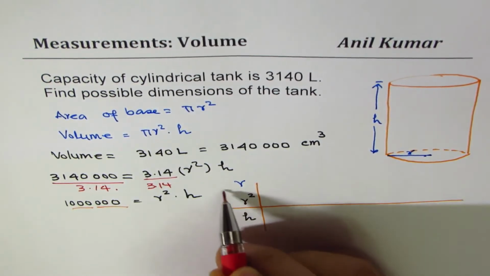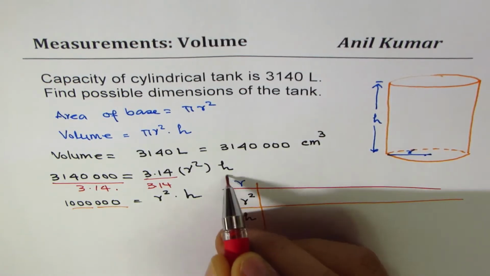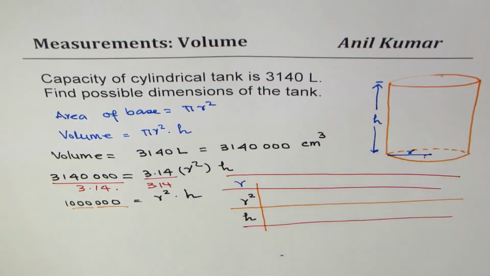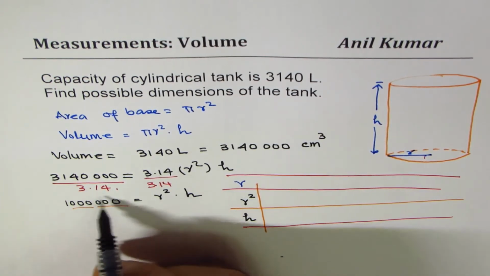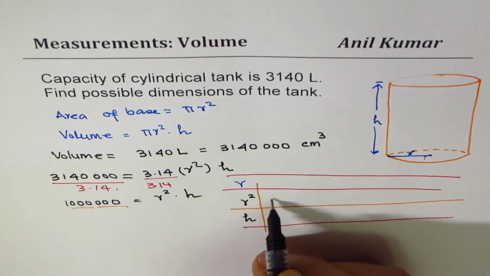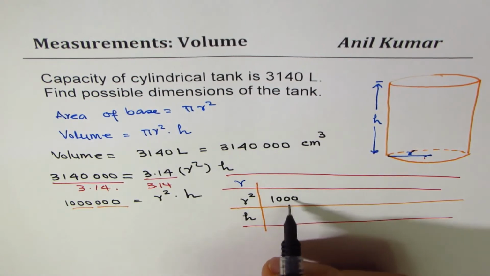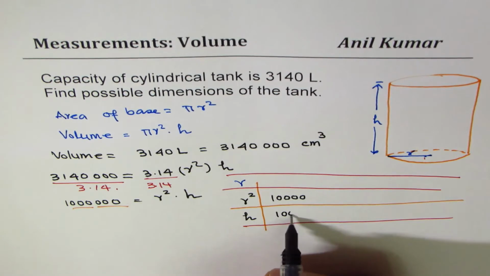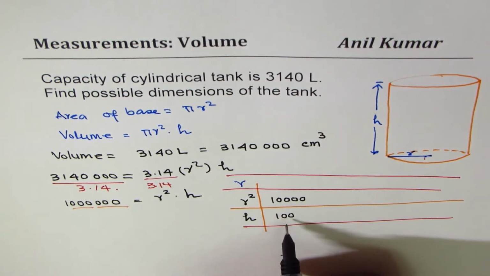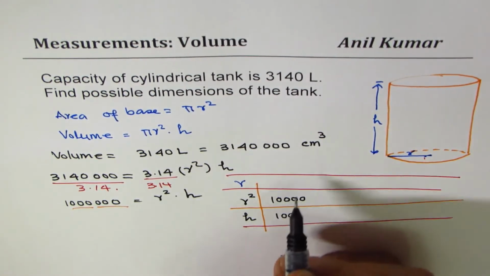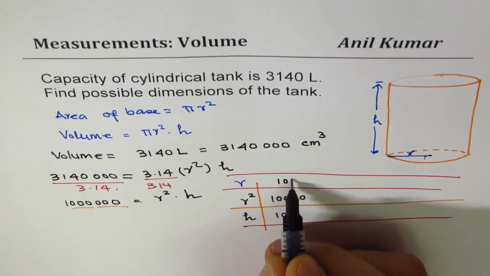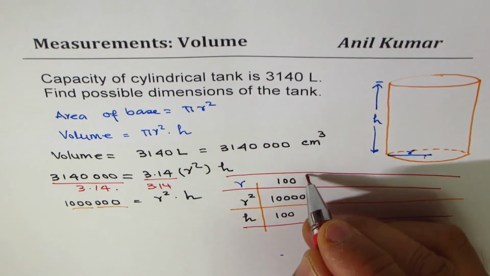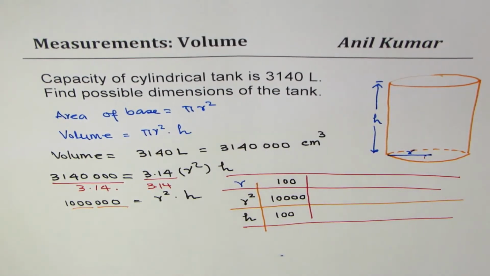Okay, so we made 3 columns here because we are interested in finding radius, correct? So if I split the term with 4 zeros, if I say radius square is with 4 zeros and left with 2 zeros, correct? So height could be 100. If I multiply this, I get 6 zeros. Now square root of 4 zeros will be 100. Do you see that? So that could be one answer. Perfect, easy. That could be one answer.